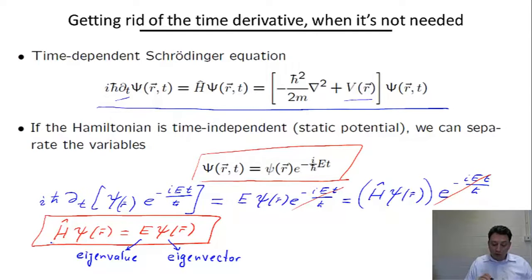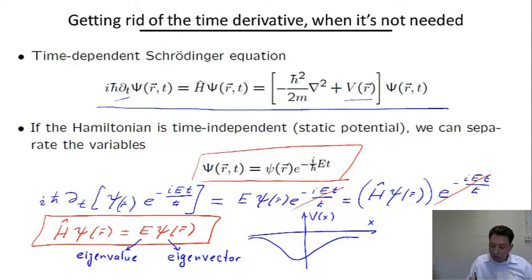Now, let me tell you from the outset, we shall discuss it in more detail later, that the physical significance of these eigenvalues is that they determine the possible outcomes of an experiment that actually measures, in this case, energy. So we know that, for instance, in classical physics, if I were to have some potential well, so let's say this is my V of x, just one example of problems that we're actually going to study, I would be able to put a classical particle with any energy in this well.